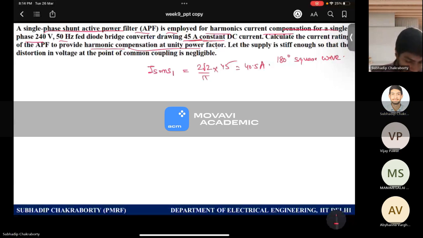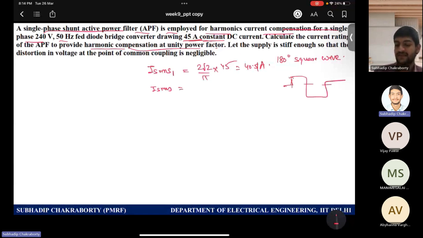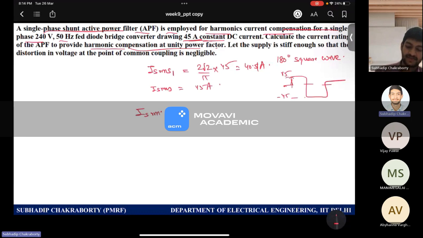40.51. So ISRMS is a square wave. What is the RMS value of a square wave? Same as this, 45. So ISRMS square minus ISRMS fundamental square is the harmonics. What is it?